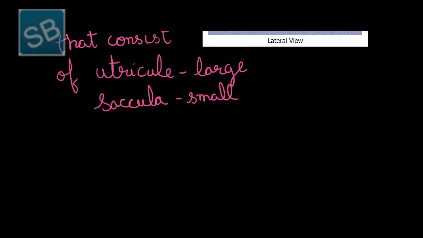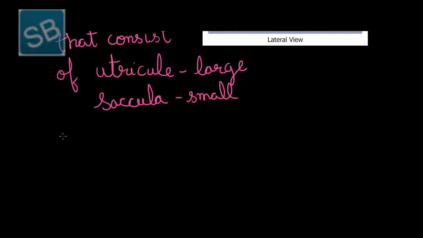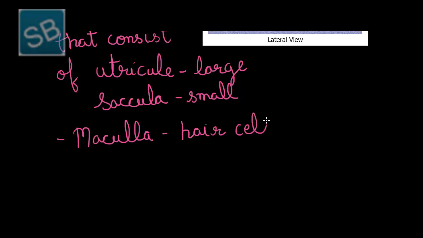Now this part of vestibule basically consists of macula. Macula is a structure that comprises of hair cells and supporting cells.